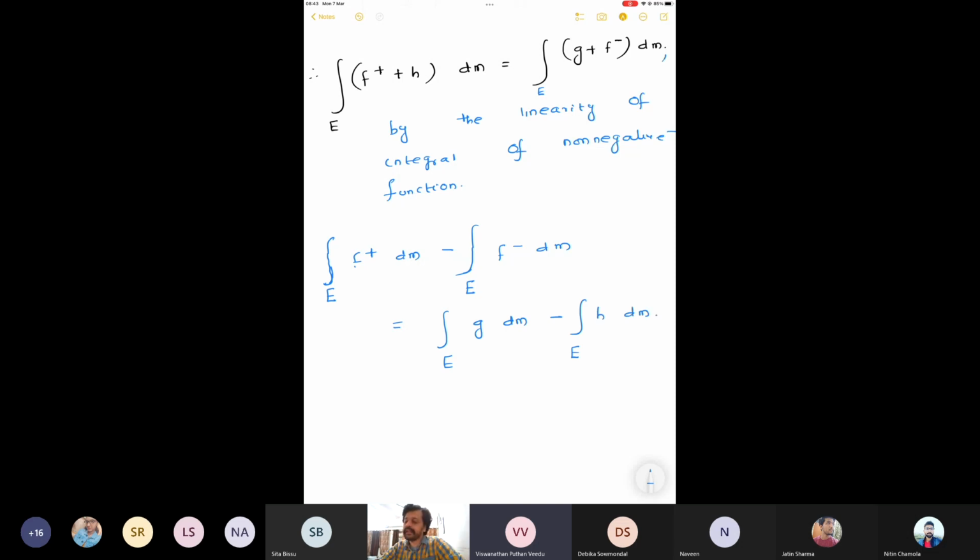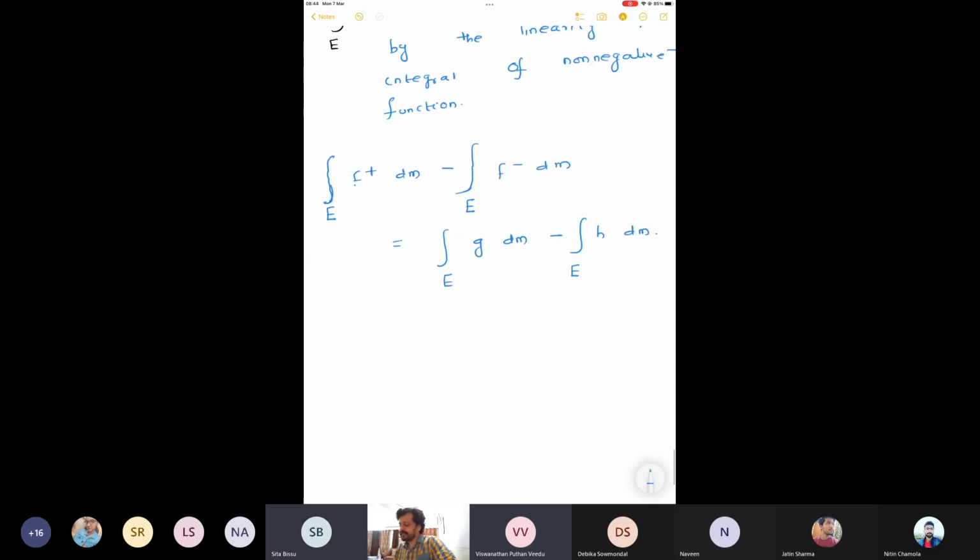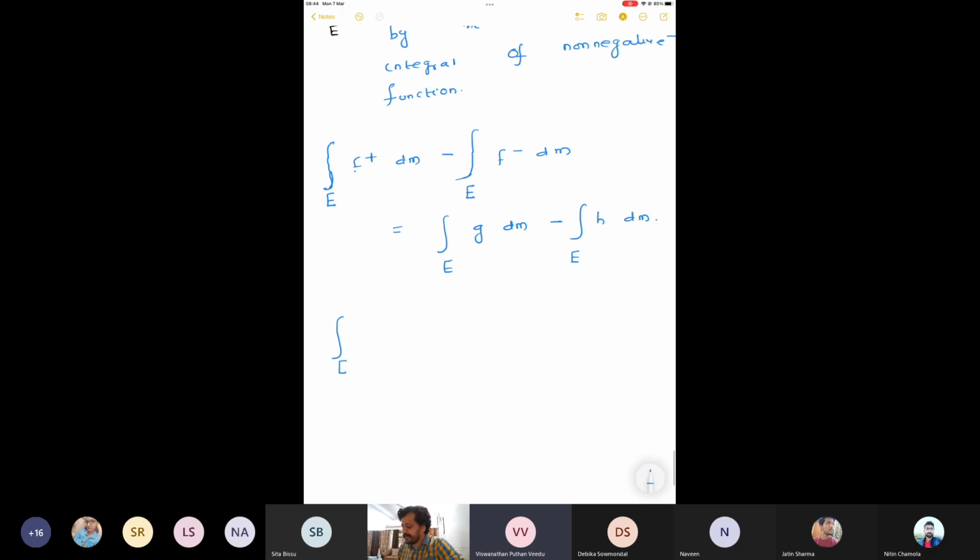What you have on the left side is the integral over E of f dm by definition, right? But that is the same as the integral over E of g dm minus the integral over E of h dm.